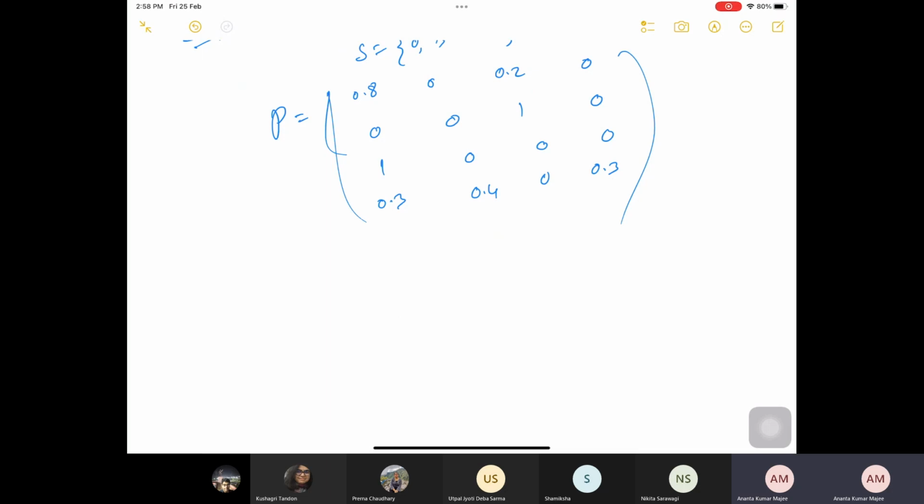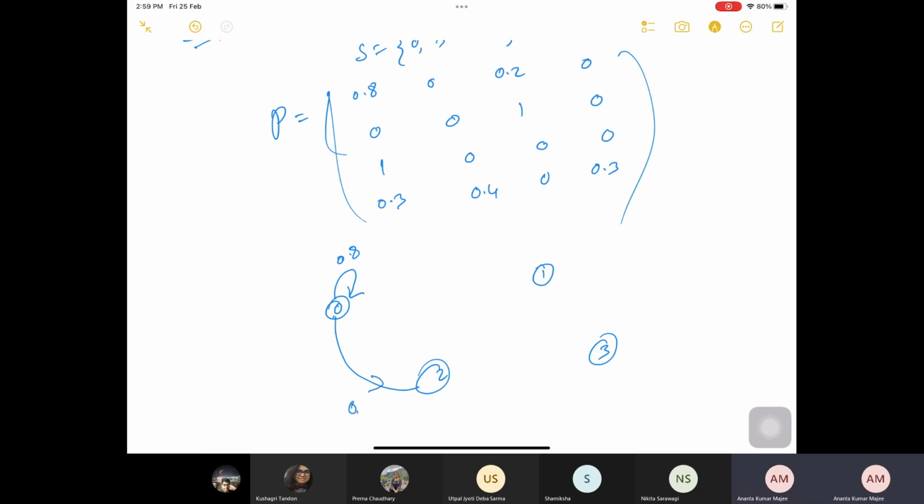So you want to classify the states of the given Markov chain. So what will be your transition graph first? Then it will be easier, no? So this is say 0, this is 1, this is 2, this is 3. From 0 to 0, I wrote down 0.8. 0 to 1, no transition. 0 to 2, there is a transition 0.2.